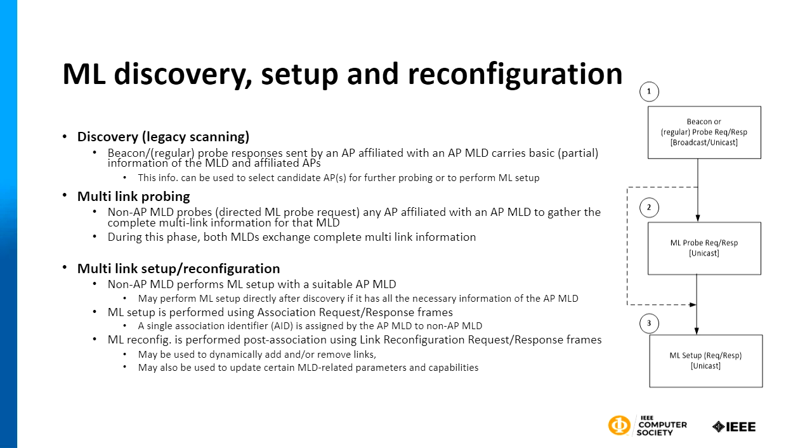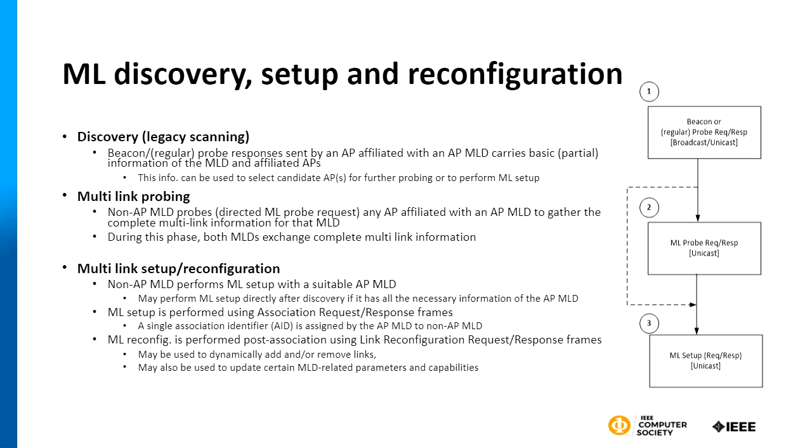Delving a little more into the details from a multi-link perspective, we have expanded all the basic functionalities of a MAC protocol, if you will. Starting from discovery, passive discovery is preserved. We use beacons and probe responses sent by an AP.